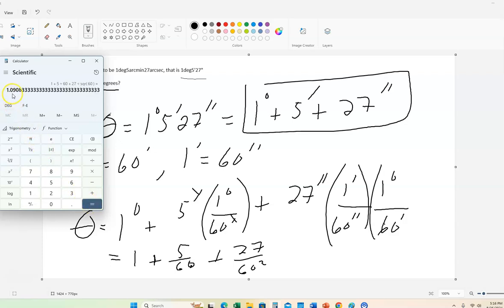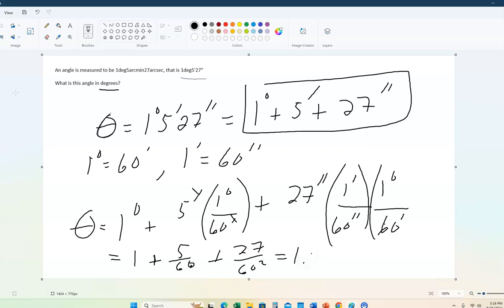If I round this to 2 places past the decimal, it's slightly greater than 1 degree: 1.09 degrees. All right, that's the last one. That's chapter 1 stuff. So make sure you can do this.